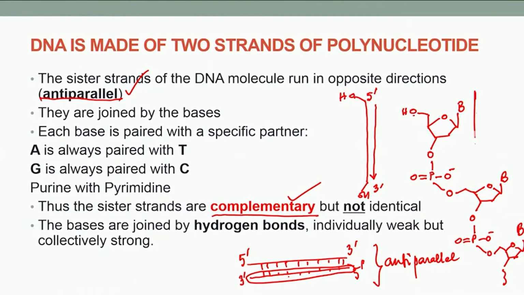If we compare this part with phosphoric acid, it is nothing but P double bond O, OH, OH, OH. It is a tribasic acid. Out of these 3 OHs, which are the acidic hydrogens, one OH is forming an ester with the 5 prime OH, another OH is forming an ester with the 3 prime OH.